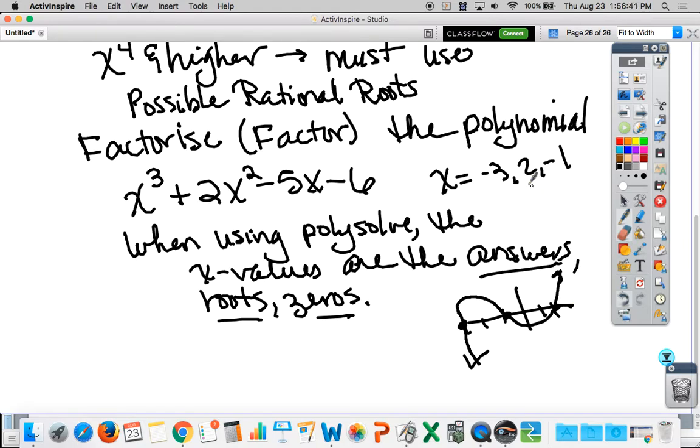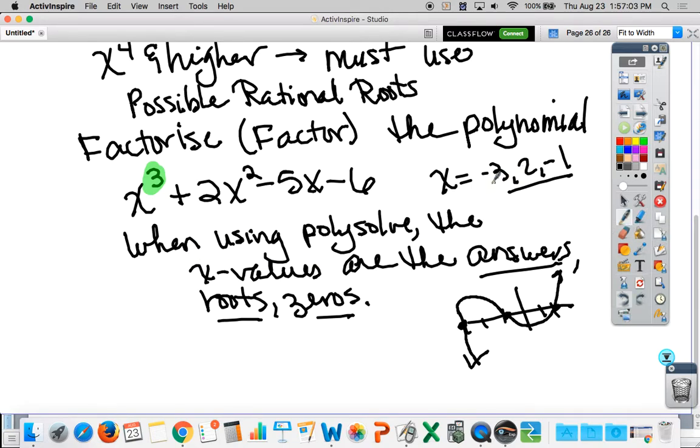Now, they gave me 3. How many did I expect to have? Did I expect to have 5? Did I expect to have 2? I expected to have 3. Why did I expect to have 3? It's a cube. Now, there will be some times, well, let me stop. I'm getting ahead of myself.